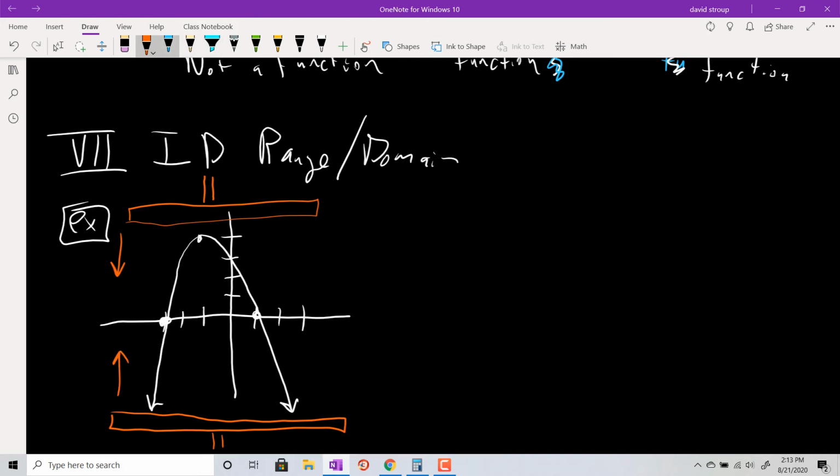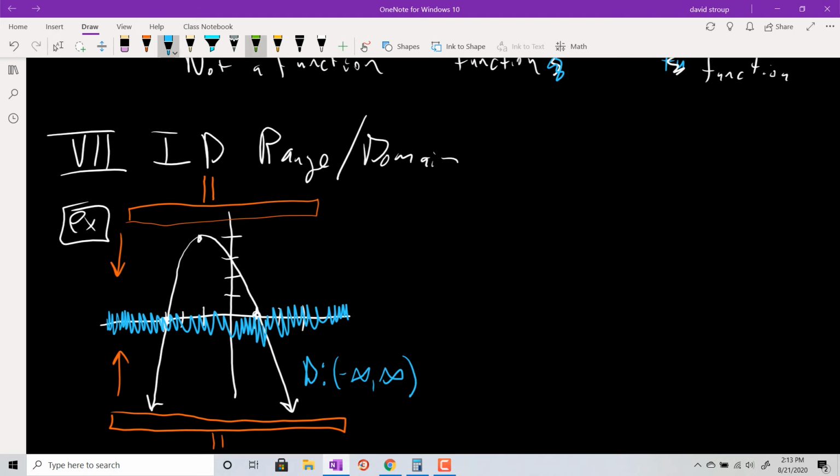The residue left over by the graph is the domain. If I smushed that graph, what would be on the x-axis after the smushing took place? It's everything. So the domain in this case would be all real numbers, or you can write in interval notation, -infinity to infinity.